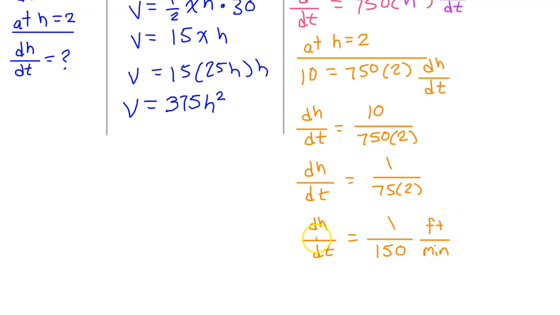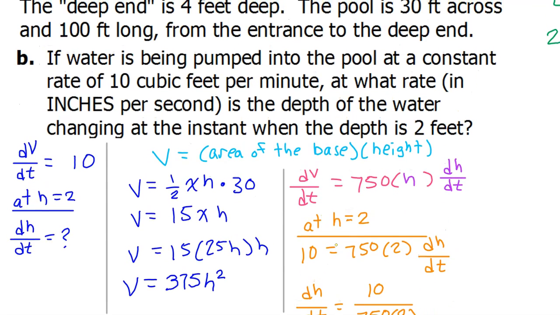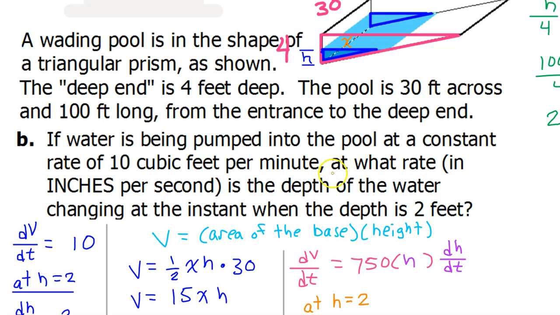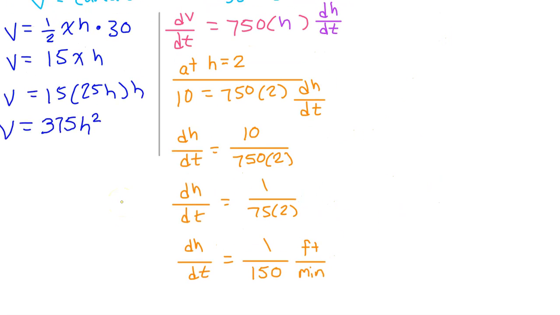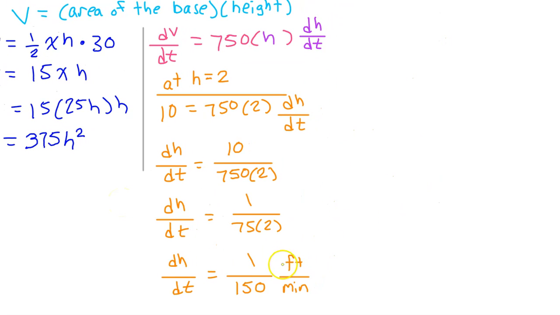So on the AP exam or on your unit test, this would probably be the answer. But whoever wrote this question was extra mean, and they said in parentheses they wanted inches per second. So that's just an annoying extra step that we need to do, our unit conversion to turn feet per minute into inches per second.